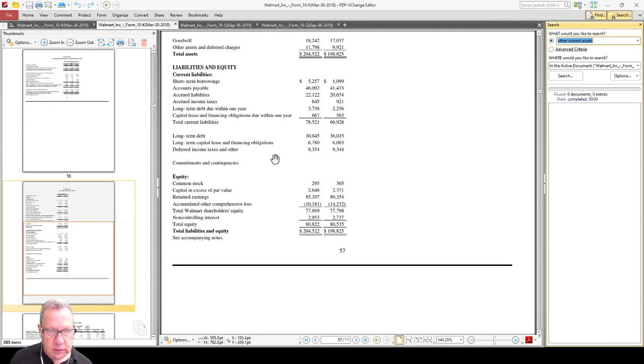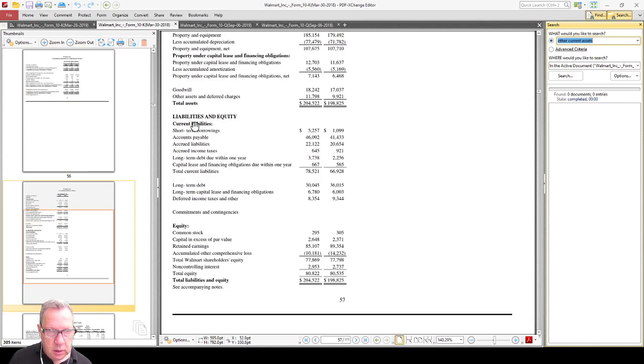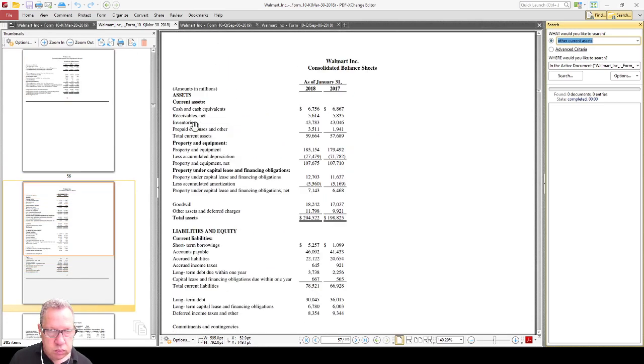Go back to this thing. Do they have current assets, inventory, cash and equivalents? They don't have other current assets in last year's one. Wonder why. Okay, that's the best information we've got at this point.